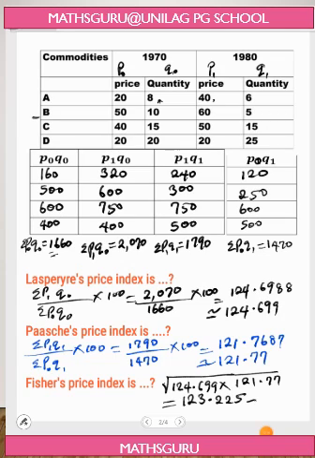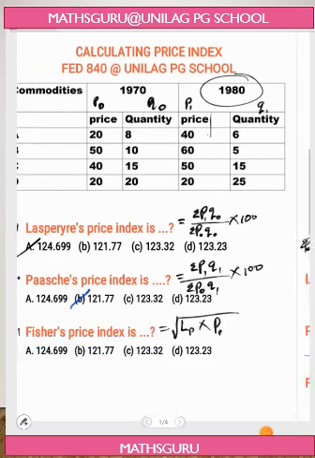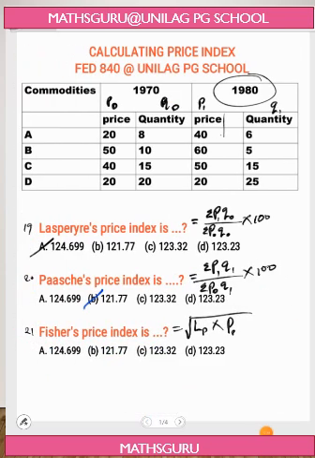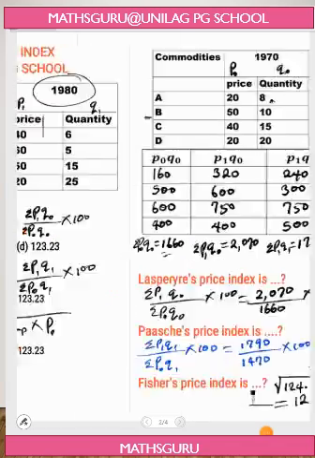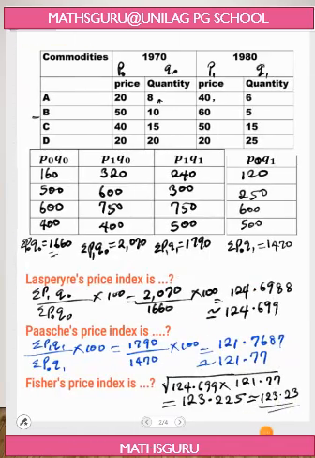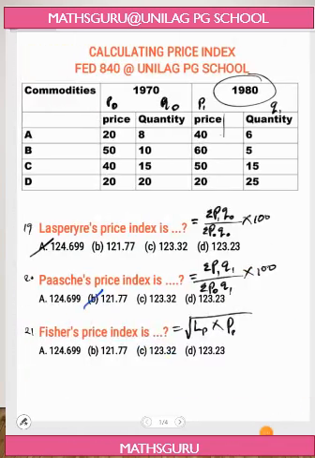This is approximately 123.23 as the correct answer. So let's check our answer. 123.23. All right, so the correct answer is D, which is 123.23.